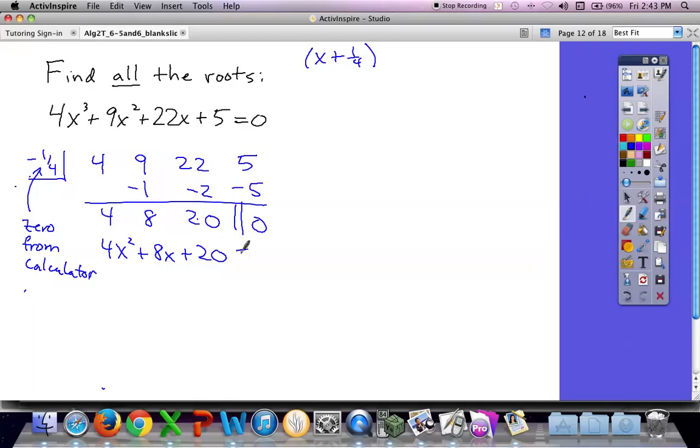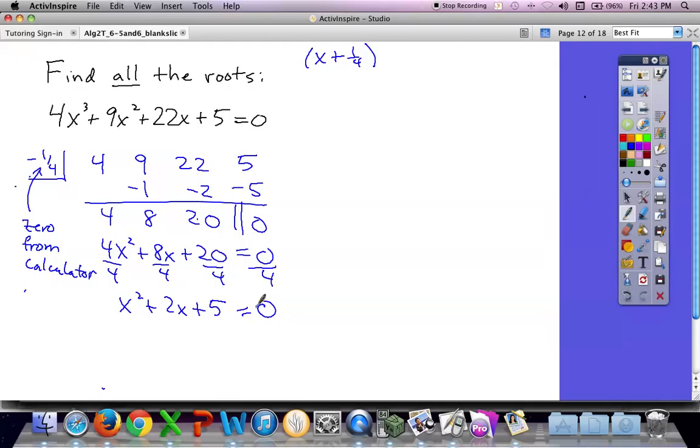If I set it equal to 0 and solve, the first thing I'm noticing is there's a greatest common factor. We can make these numbers a whole lot smaller. I'll divide everything by 4. And now I have x squared plus 2x plus 5 equals 0.